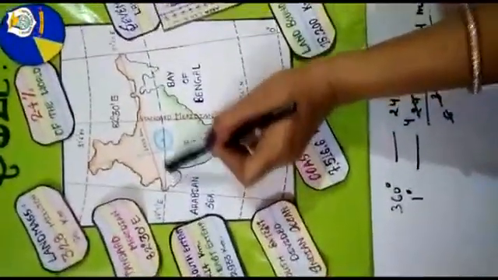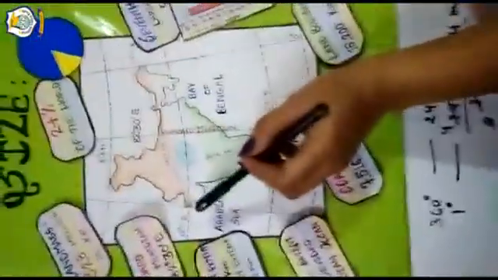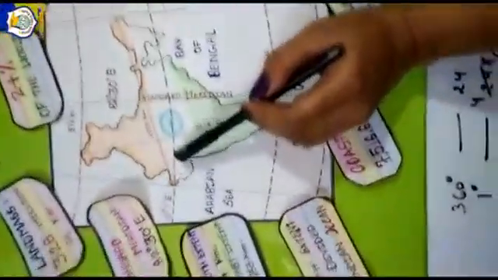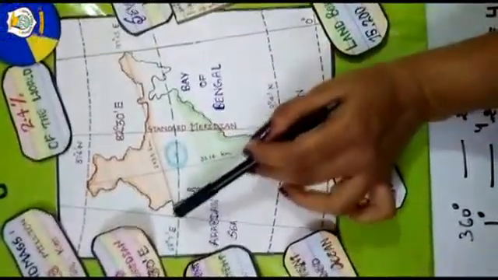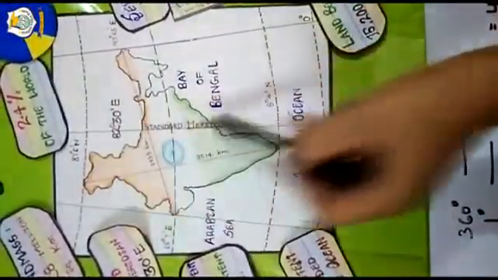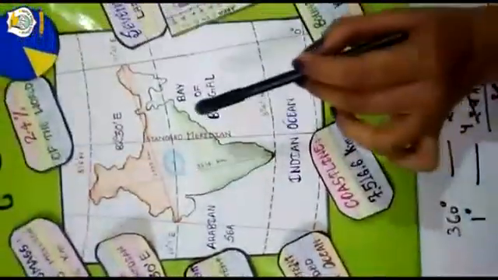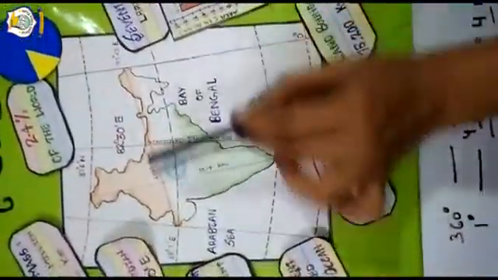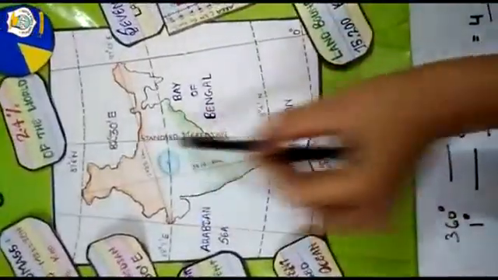There is a difference of almost 2 hours between the local time of the easternmost and the westernmost point of India. So the local time of the standard meridian is followed all over the country. This is the standard meridian.